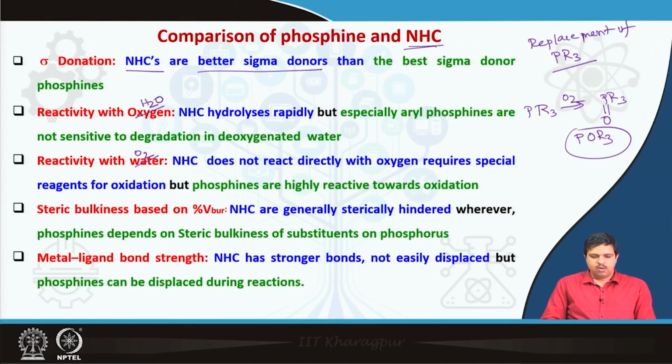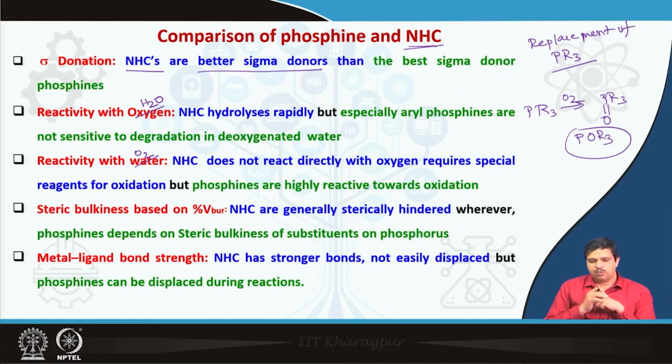Another point is the steric bulkiness requirement of the NHC. Later I will discuss that N-heterocyclic carbenes are generally stabilized if there are sterically hindered groups.